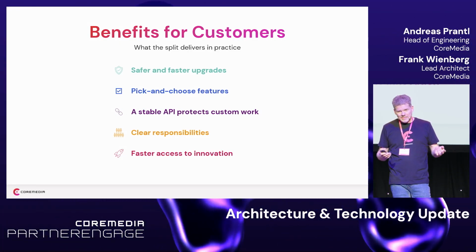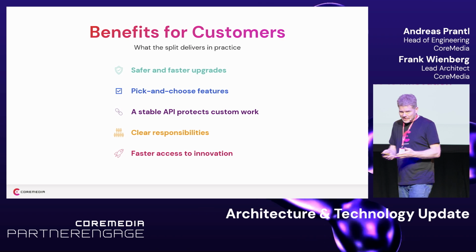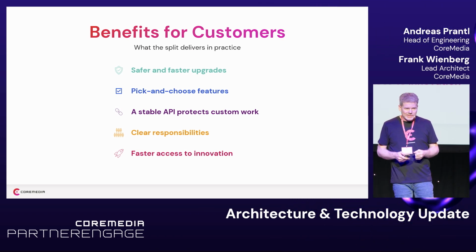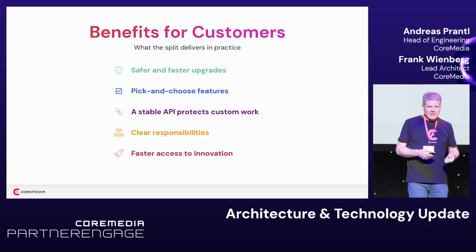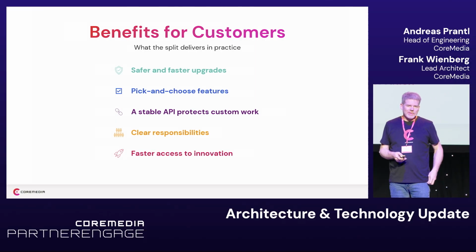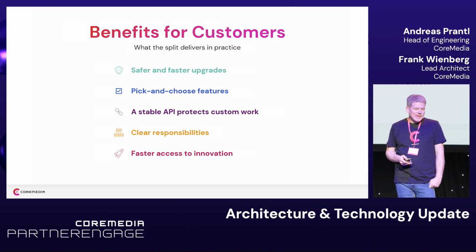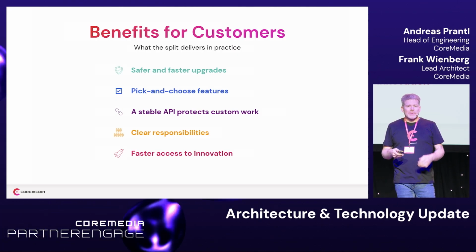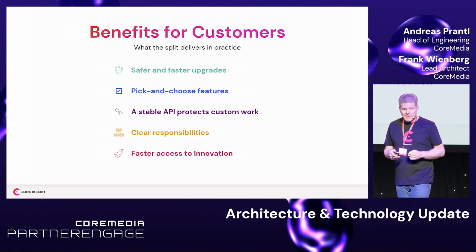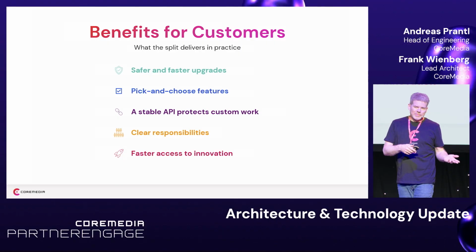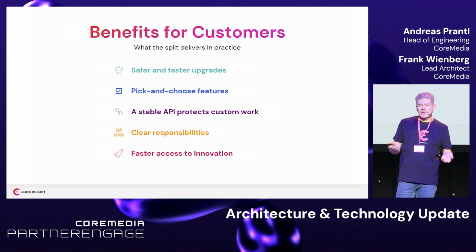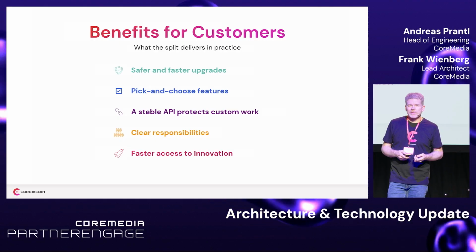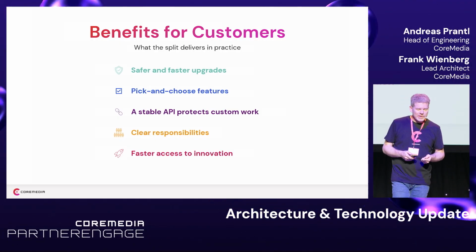That means if a customer doesn't need a feature, they just don't install the plugin. It's much easier than having a monolithic platform and trying to disable things the users don't need. Like I said, the API for plugins is even more stable than the public APIs you use in the Blueprint. So it also protects whatever you build to work with the next version of CoreMedia.